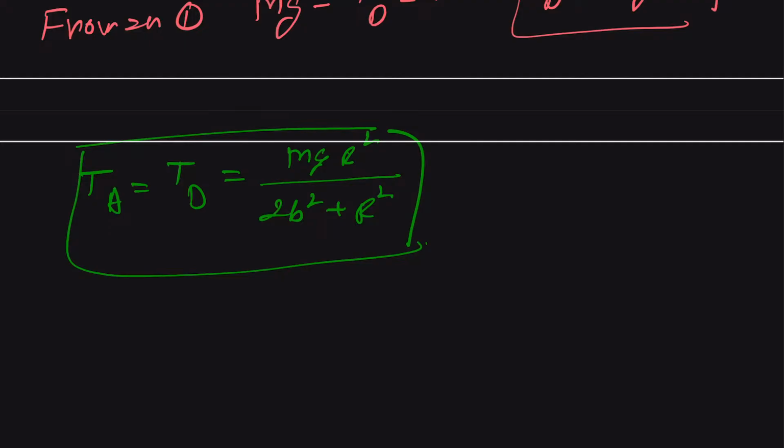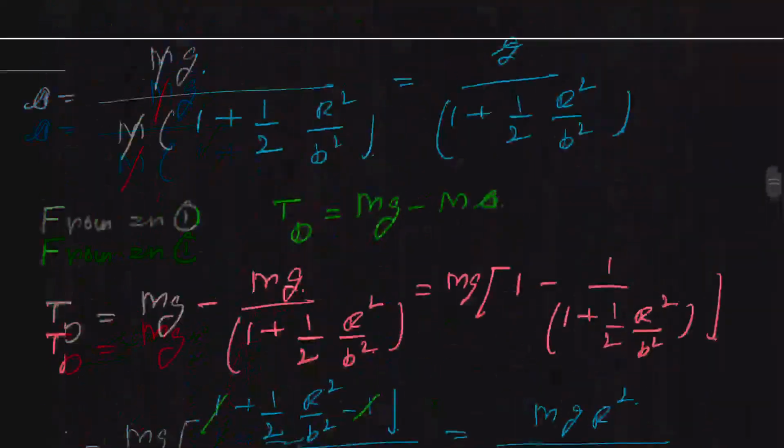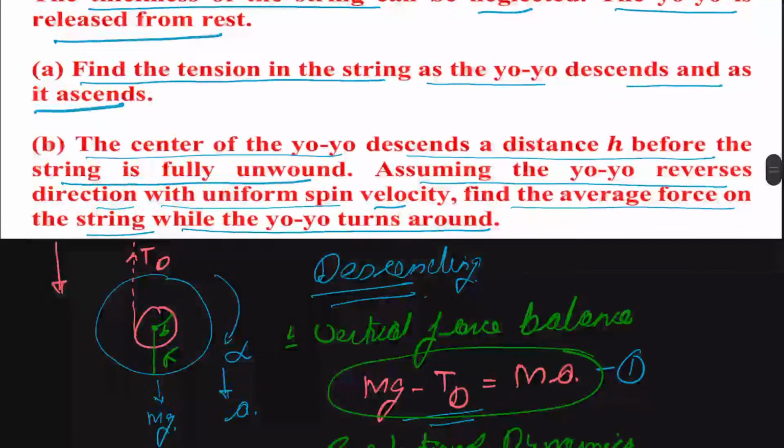Okay. So this is it, and we come to the B part, and B part states that it descends by a distance of h, and the string is fully unwound, and it reverses its direction with the same uniform spin velocity. We have to find out the average force on the string.